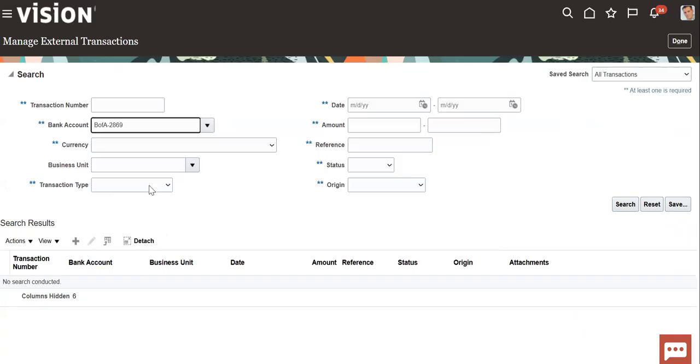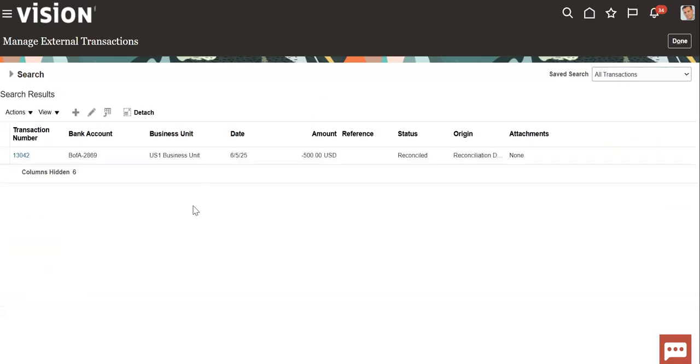This was the account, and let me put today's date. So it has created one transaction of $500. This is a negative amount. That means cash will be credited, because it's a negative amount.